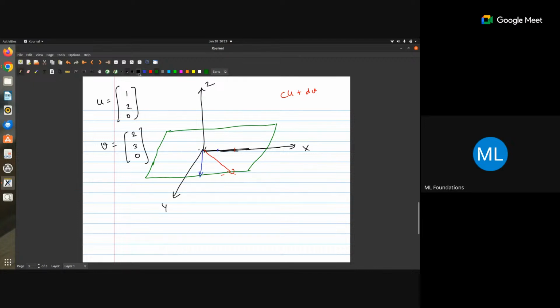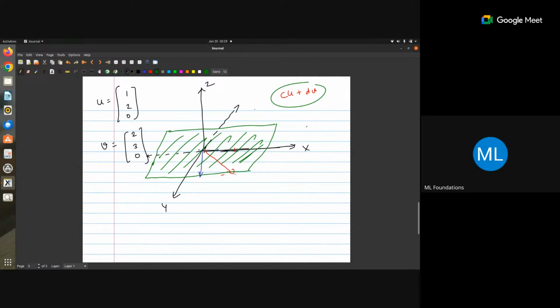Maybe it's z equal to 0. So this entire thing will lie in this xy plane. Now I'm going a little bit ahead. What we are saying is the linear combinations of these two, cu and dv.